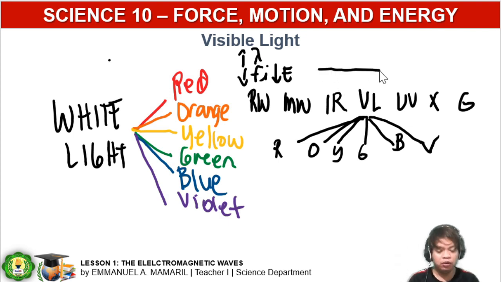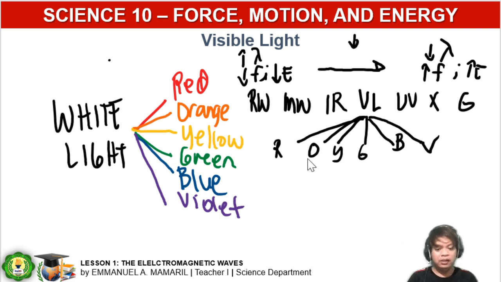But as you move along to the right side of the electromagnetic spectrum, you will see that the wavelength here is already low, but the frequency is high, so is the energy. So these 7 colors also follow the same rule, no? If I'm going to ask you which of these has the lowest frequency, the highest frequency, the lowest wavelength, the highest wavelength, lowest energy, highest energy, they also follow this rule.